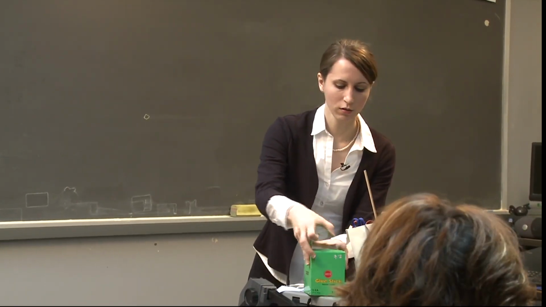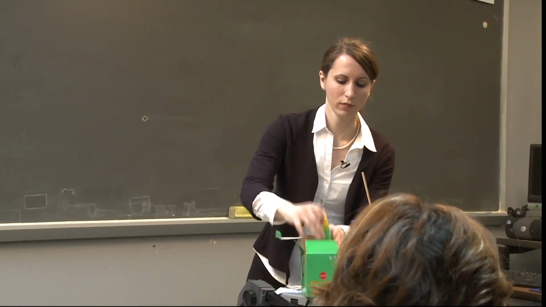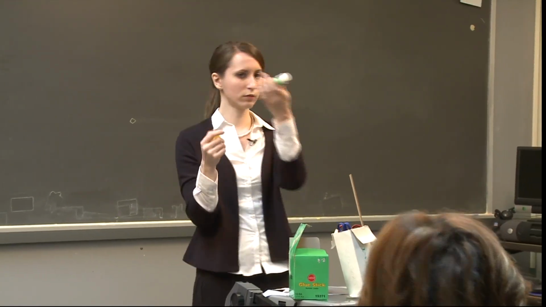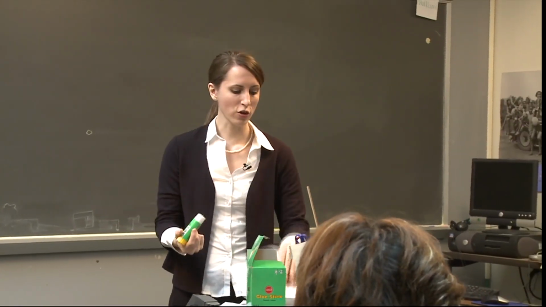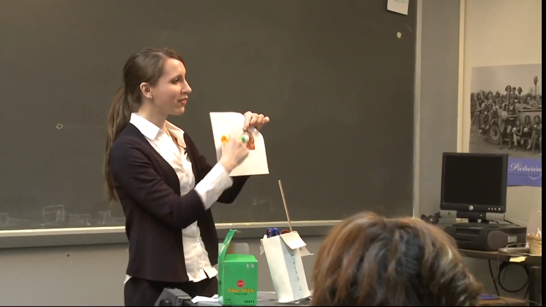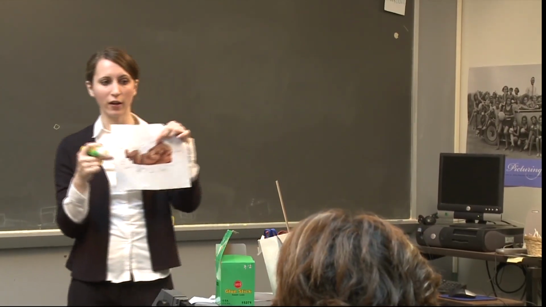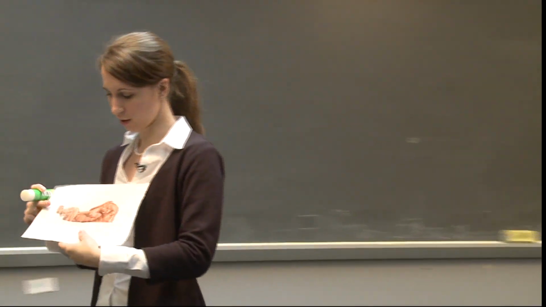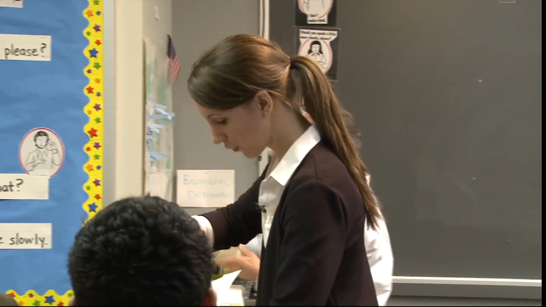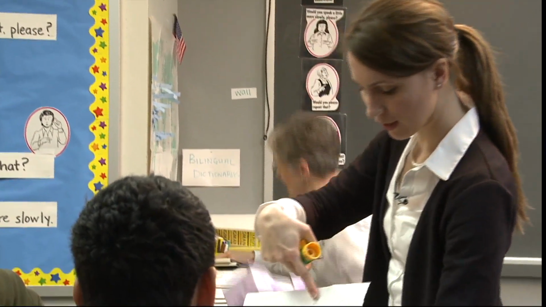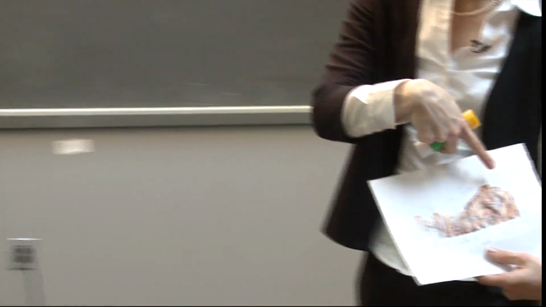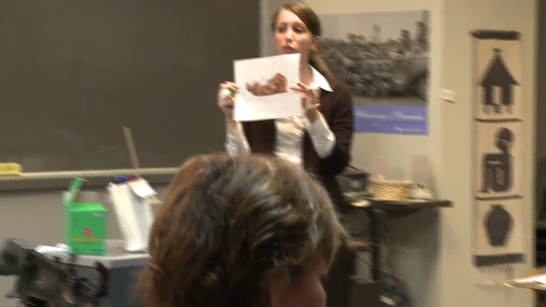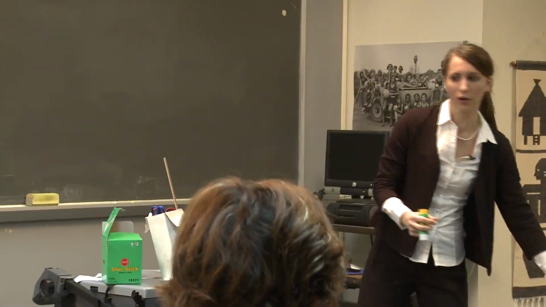Then you're going to glue the pictures on a paper. You're going to write the name of the vocabulary. For example, look at this picture. This simple project gives students the chance to apply what they have learned and be creative. So you're going to write the information on the picture.